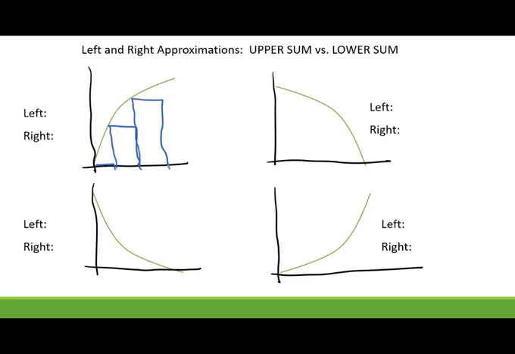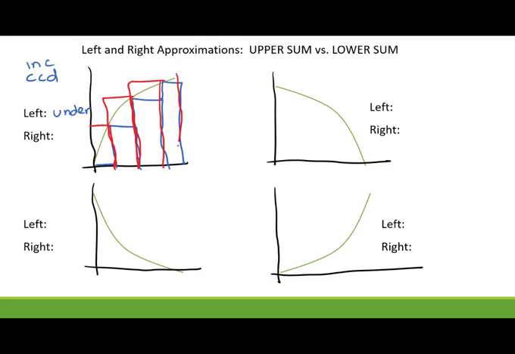My left endpoint was an under approximation versus now if I go to my right endpoint, go to the right endpoint of each one of my intervals. Okay, that's going to be an over approximation. And we can do that same thing with each one of these.